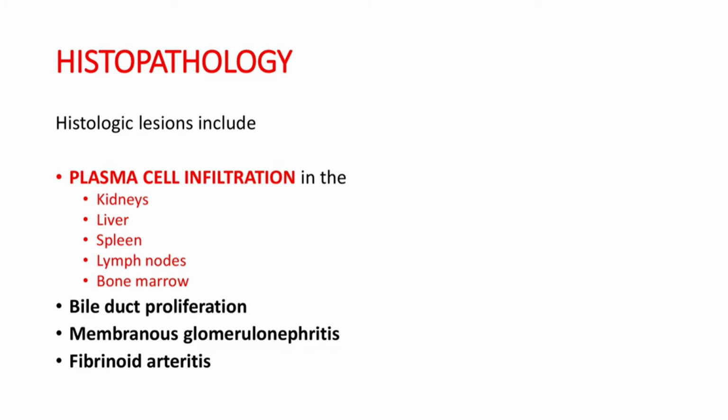Coming to the histopathology, histologic lesions include mainly plasma cell infiltration in kidneys, liver, spleen, lymph nodes, bone marrow, etc. And there will be bile duct proliferation, membranous glomerulonephritis, and fibrinoid arteritis.